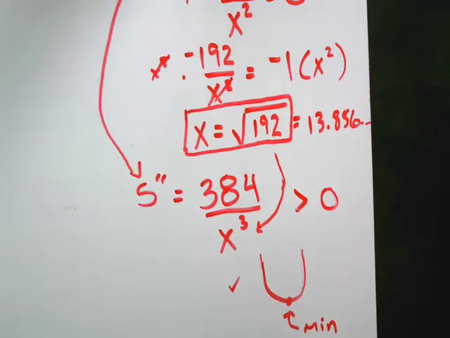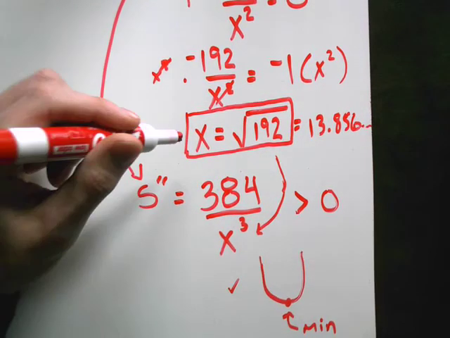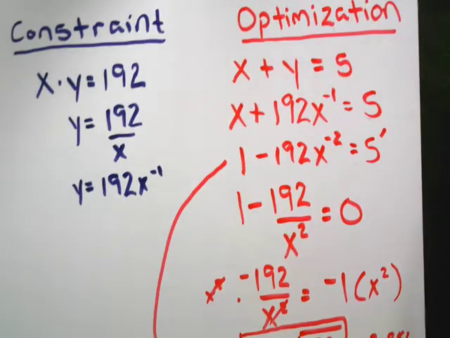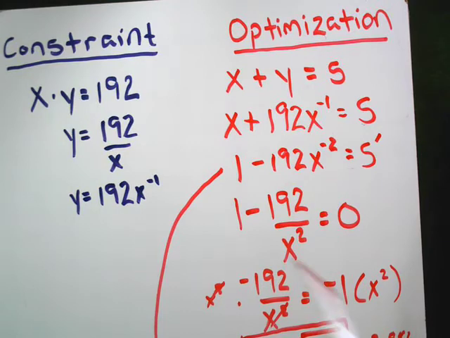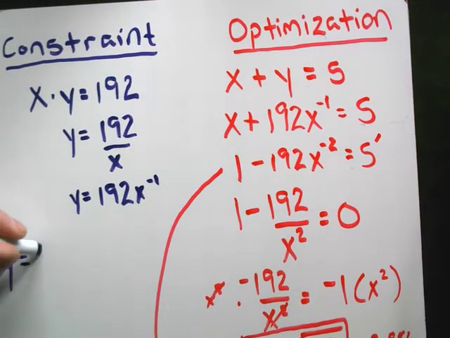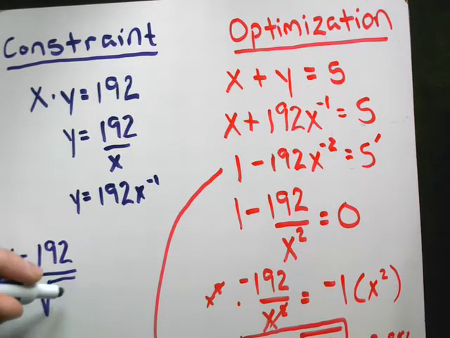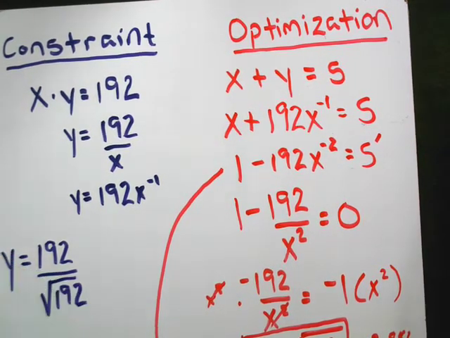So we found our x value, but it asks us to find our two values, our x and our y values. So I'm going to take that x and plug it all the way back up here to y. So y is equal to 192 over the square root of 192, okay?